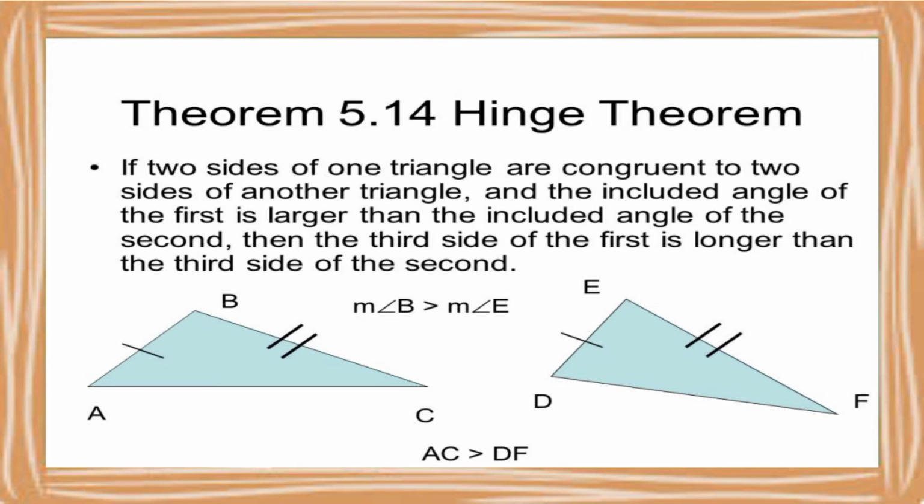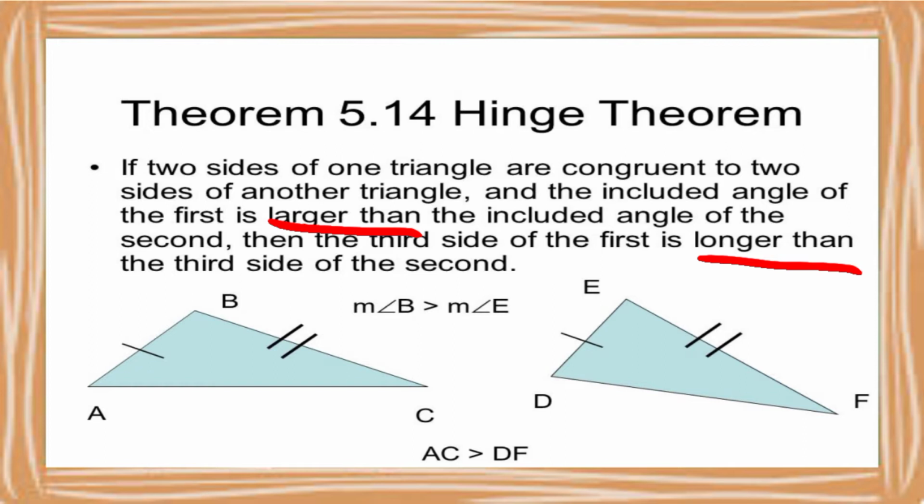If two sides of one triangle are congruent to two sides of another triangle, and the included angle of the first is larger than the included angle of the second, then the third side of the first is longer than the third side of the second. So larger and longer. That's the hinge theorem.